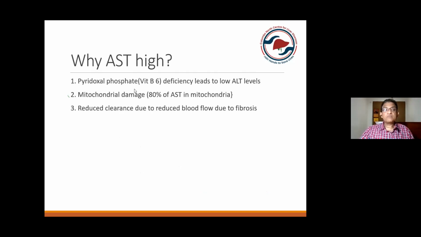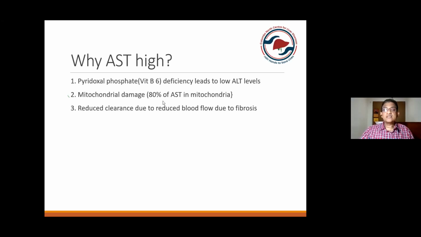One is pyridoxal phosphate or vitamin B6 deficiency, which leads to low ALT levels because this vitamin is needed for the hepatocyte to produce and release ALT. So ALT levels are low. Then there is mitochondrial damage.